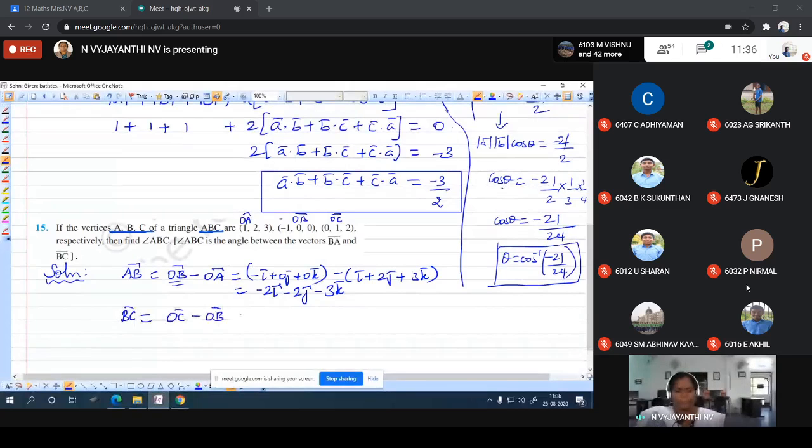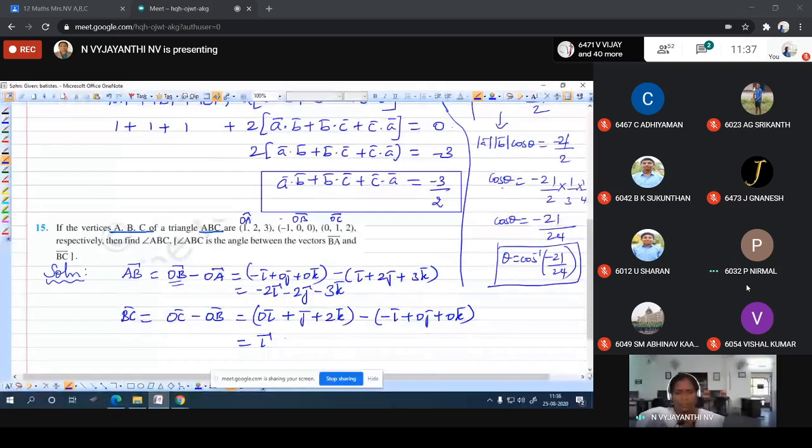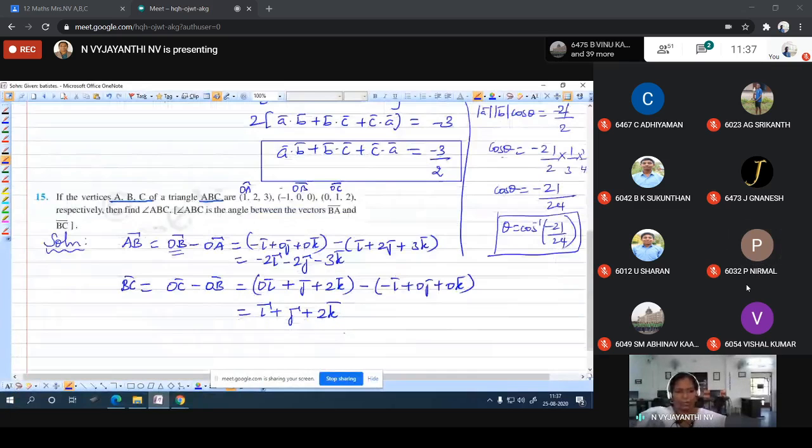What is OC vector? 0i plus j plus 2k vector, minus OB vector, which is minus i plus 0j plus 0k. So if you subtract, we will have i plus j plus 2k, isn't it? Okay. Then CA vector. How to find CA vector?